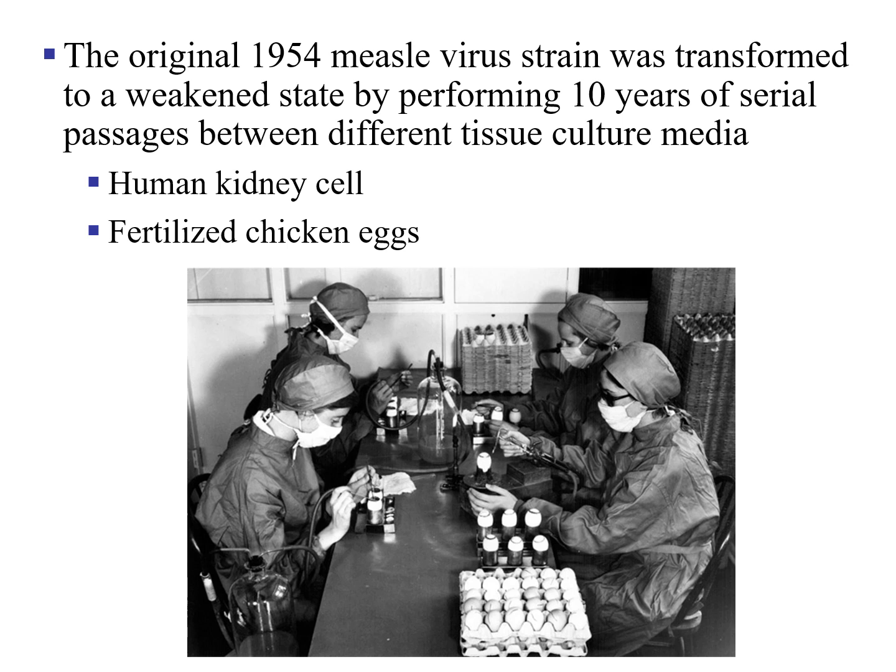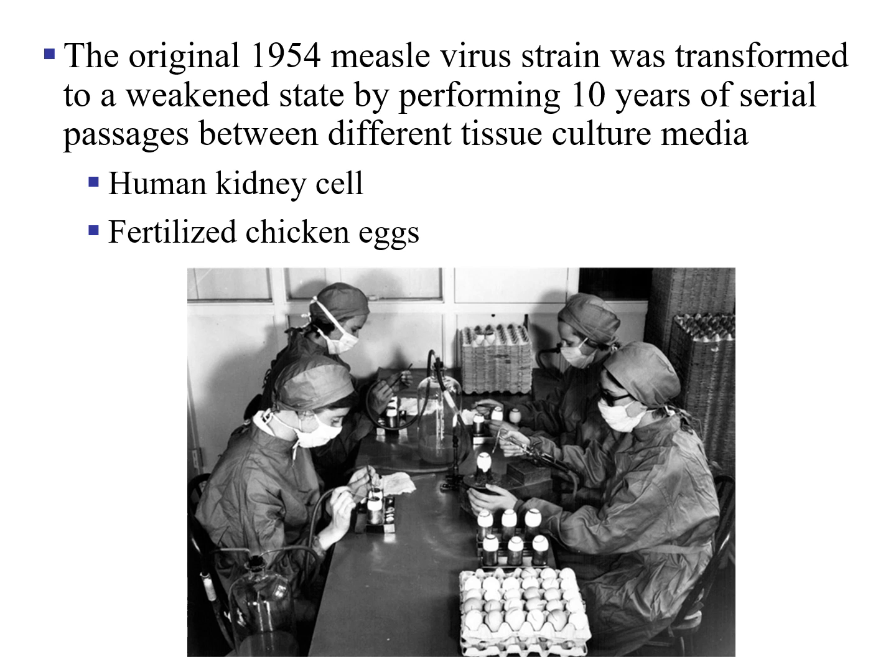The original 1954 measles virus strain was transformed to a weakened state by performing 10 years of serial passages between different tissue culture media. They started off by infecting a human kidney cell with the virus and putting it in that horizontal flask.